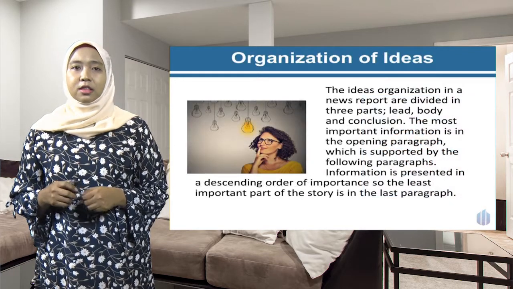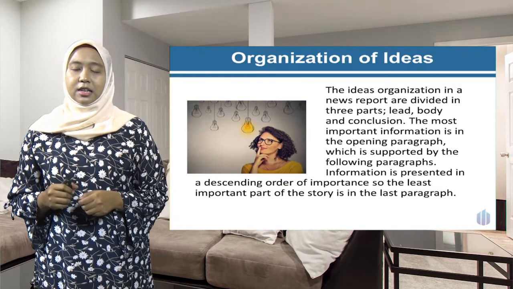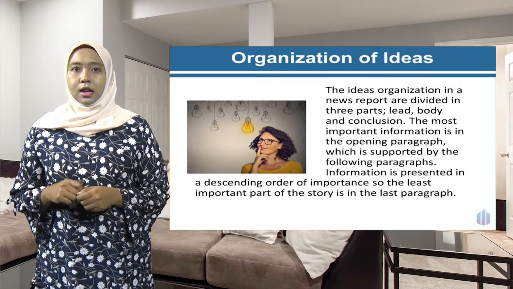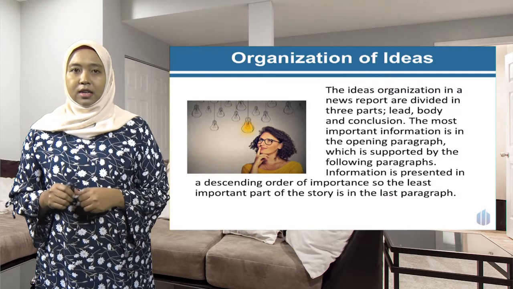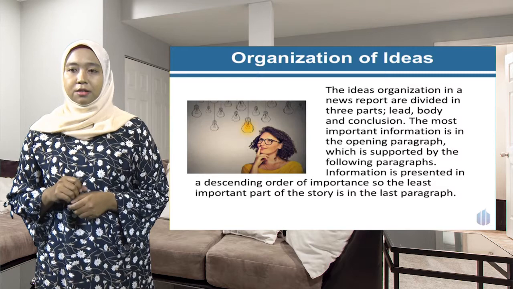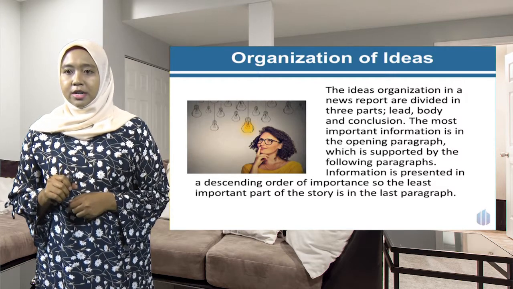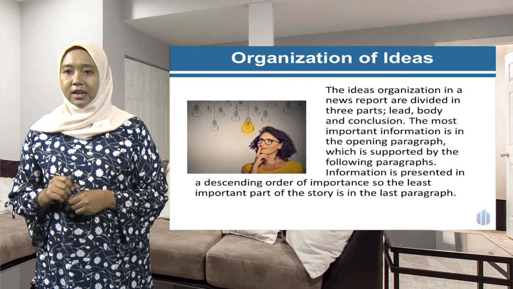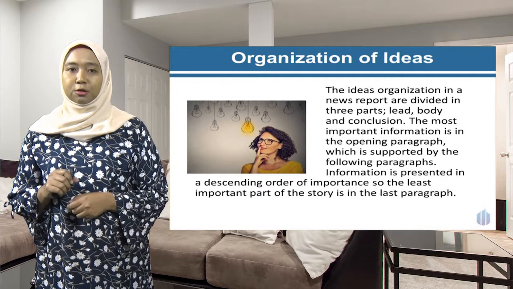And then, how about the organization of the ideas in that article? The organization of the ideas of the article consists of three parts. The first is the lead, the second is the body, and the last is the conclusion.